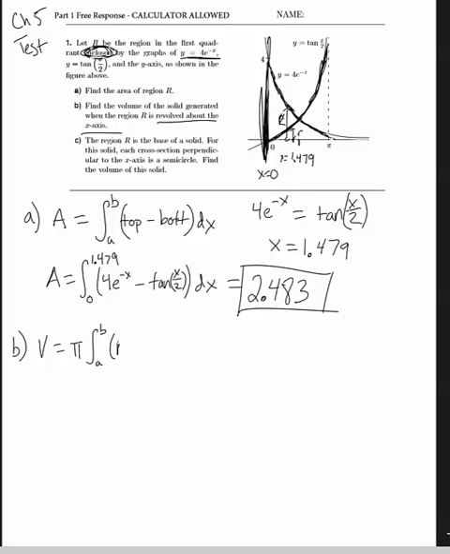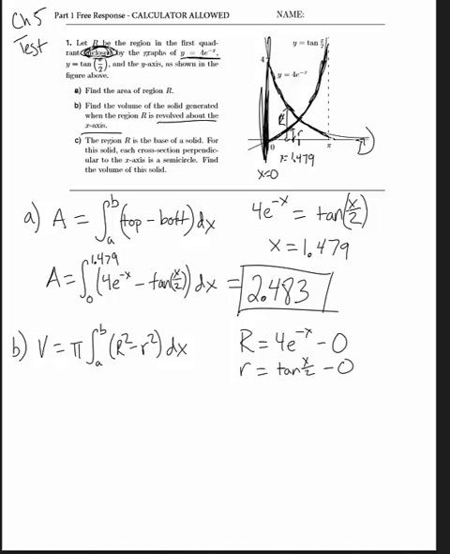So now we have big R squared minus little r squared dx, where big R is 4e to the negative x minus 0, and little r is tangent of x over 2 minus 0. It's minus 0 because we're revolving around y equals 0.